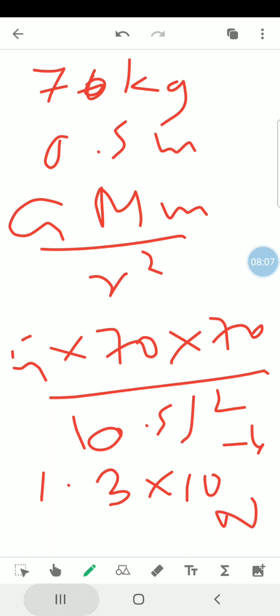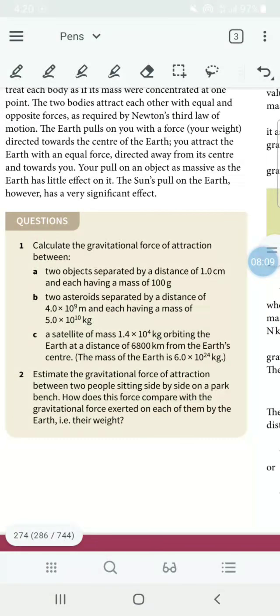They are asking another question. How does this force compare with the gravitational force exerted on each of them by the Earth, that is their weight? So the weight is the weight of these people, because their mass is 70 kilograms, they would have a weight of 700 newtons, right?